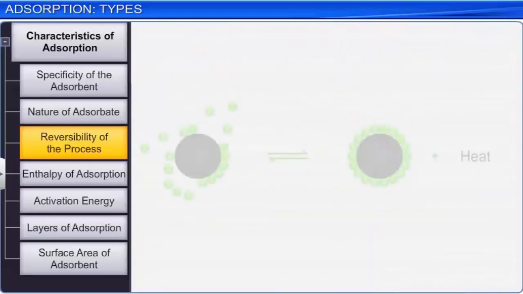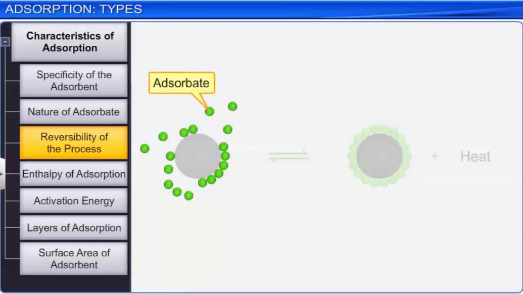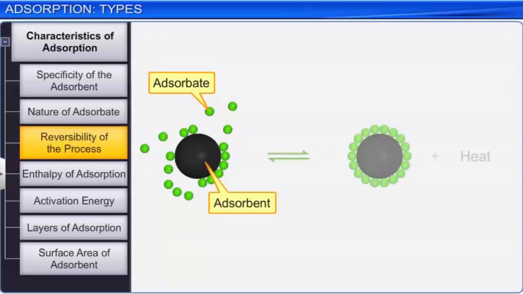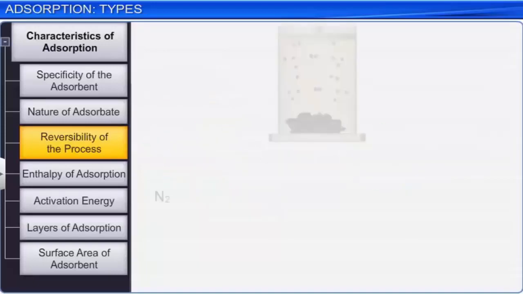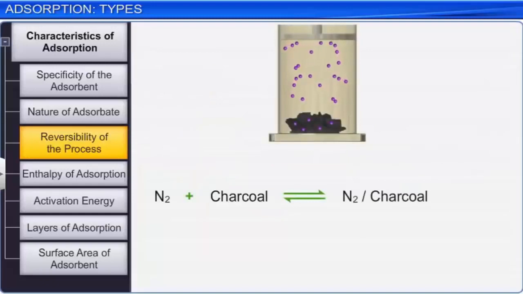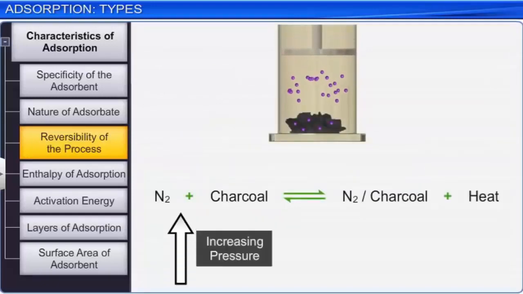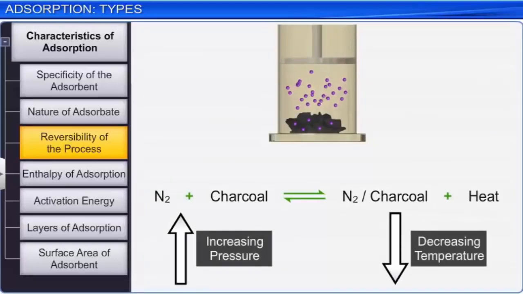You know that adsorption is an exothermic process. The equilibrium can be represented as gas, the adsorbate, plus solid, the adsorbent, is in equilibrium with the gas adsorbed on the solid plus heat. On applying Le Chatelier's principle, it can be seen that when we increase the pressure or decrease the temperature, the equilibrium shifts forward.